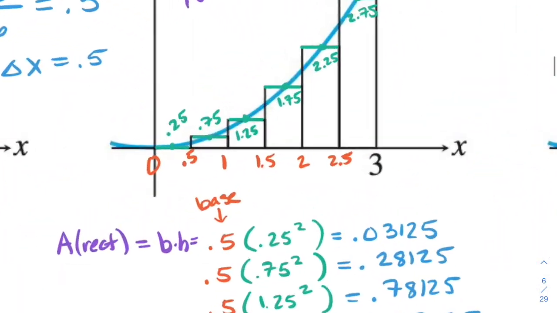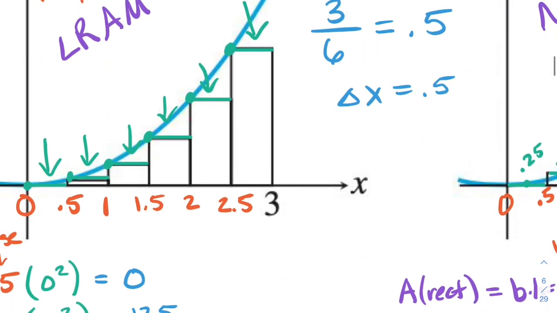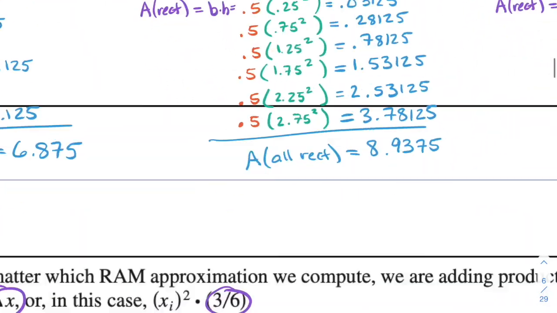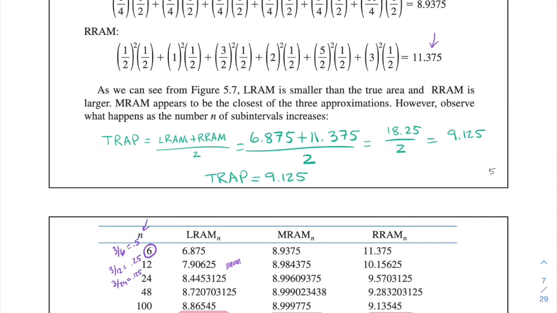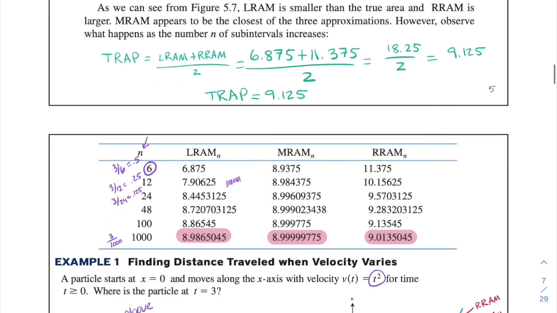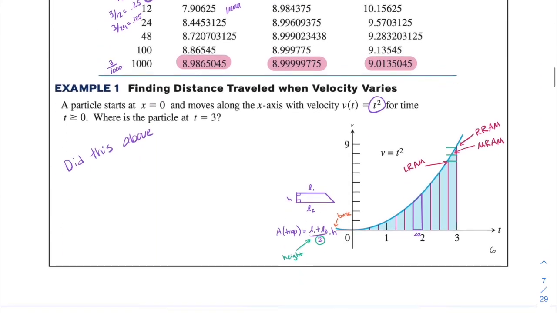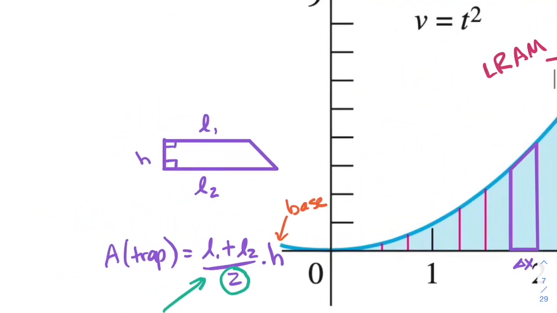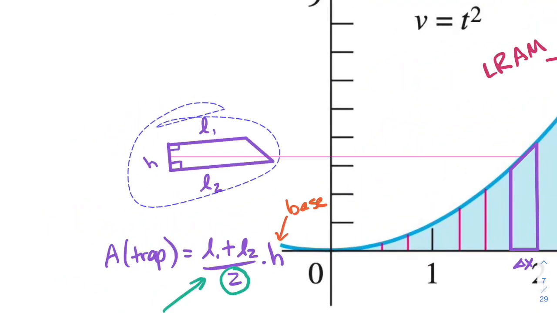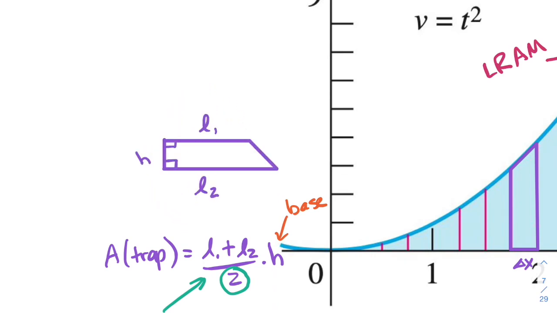What that means is that when we connect these together, it actually was a little bit above the curve, okay? And so it just did a little bit too much. That's your trapezoid rule. Like I said, it's the average of LRAM and RRAM, and the reason why is because, let me rotate this. Whoops.